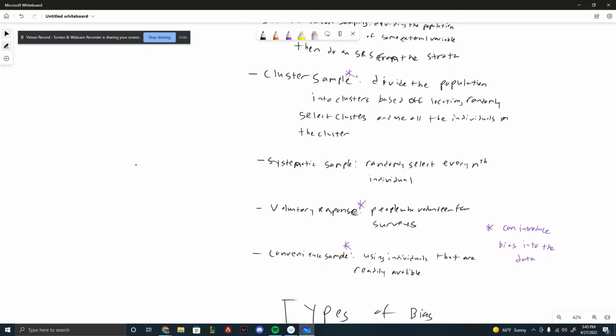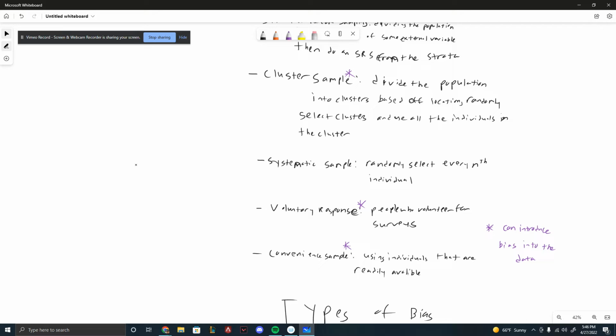That's what that is. So, as you can see, this purple asterisk is basically that bias can be introduced into your data. We'll cover the different types of bias, but the reason is that all of these usually either don't represent a certain group, or ignore some people who may not respond.